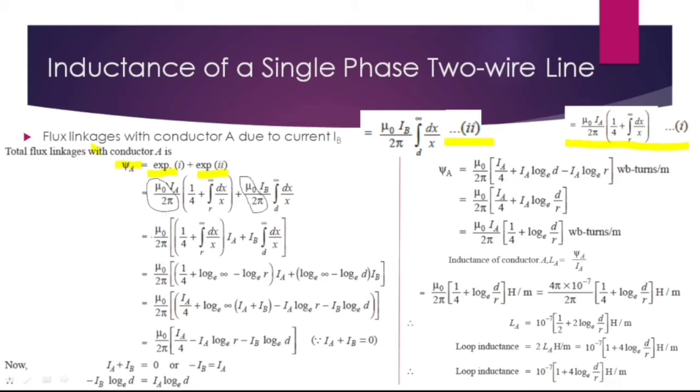Then the remaining term is 1 by 4 plus integral r to infinity dx by x into IA, and IB into the remaining term, that is integral d to infinity dx by x.